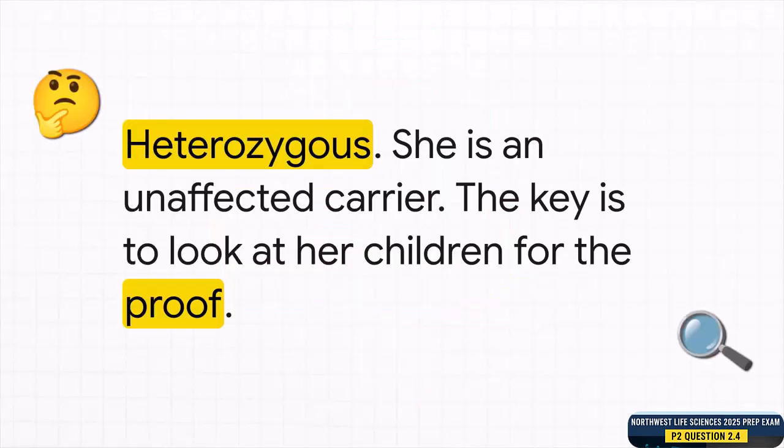The answer is heterozygous. She's what we call an unaffected carrier. But here's the thing, just knowing that isn't enough. The real question is, how do we know? And the proof, like it always is in these charts, is found in her children. Which leads us right into the final and most important part of this whole question.